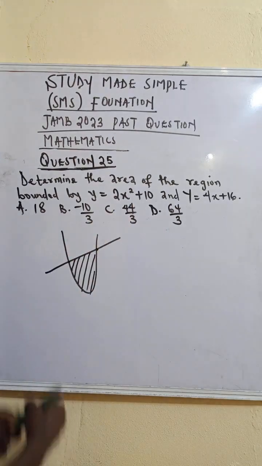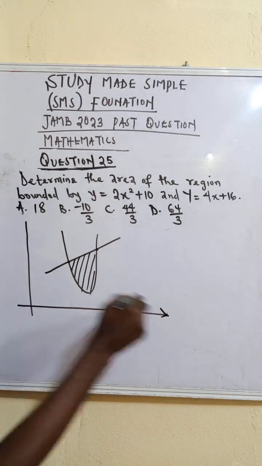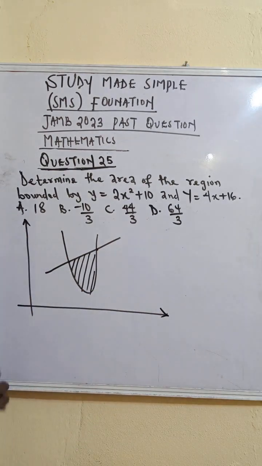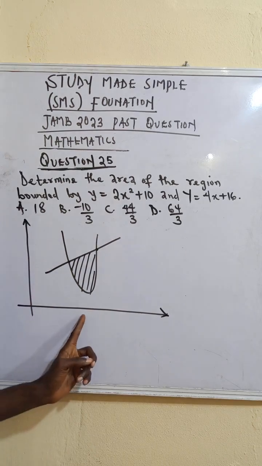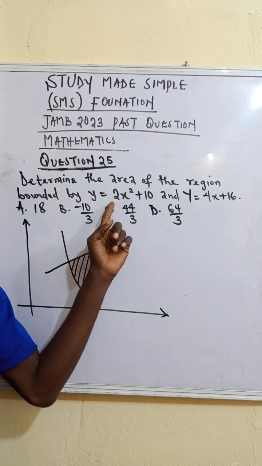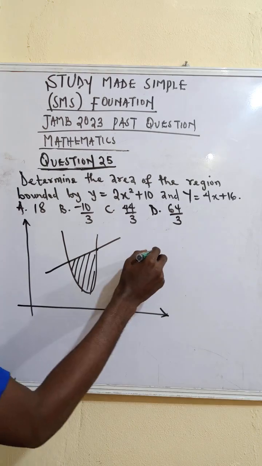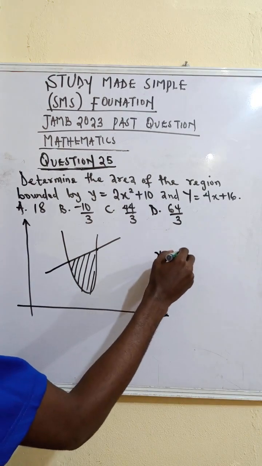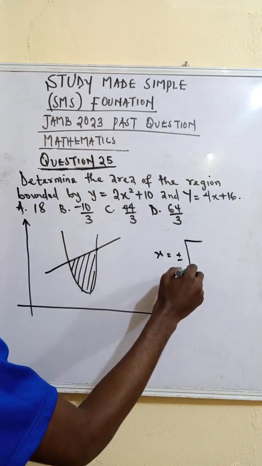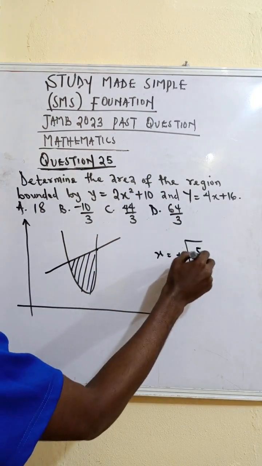First of all, I need to construct my x and y axis. You can see that my curve is not touching the x-axis, meaning if I set this to be 0, the root of this function will be a complex number, because at the end of the day, x will be equal to plus or minus square root of -5.